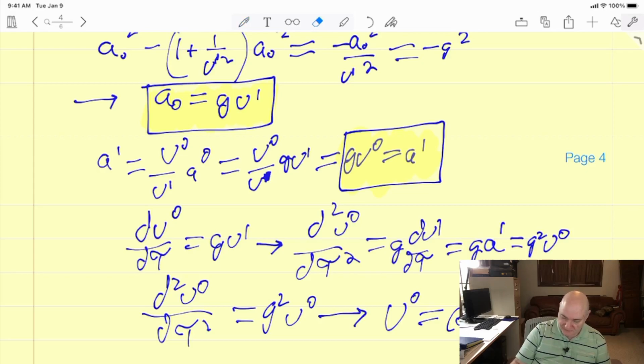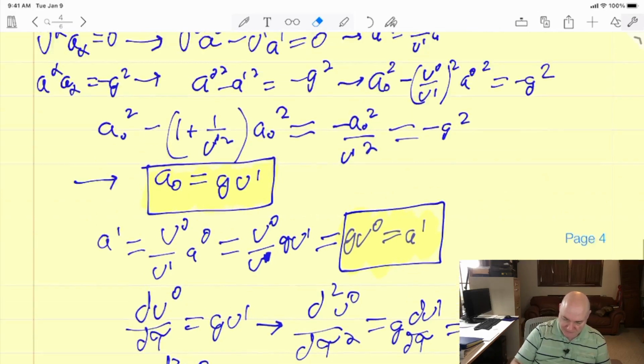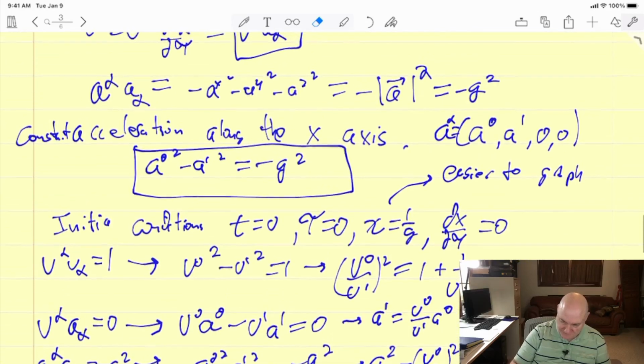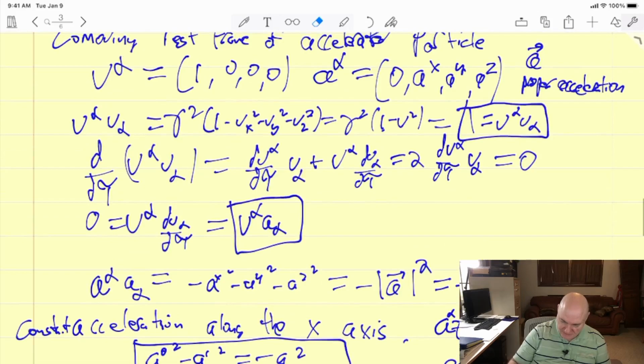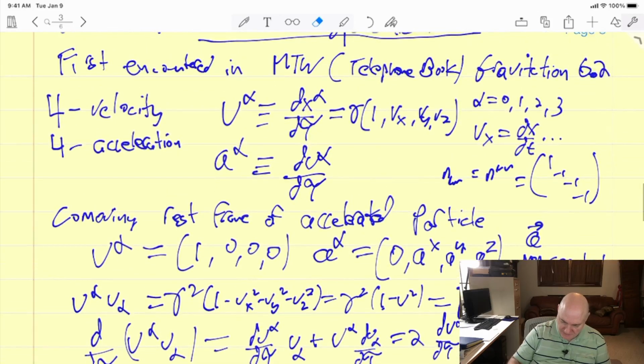When tau equals 0, this is 1, so u0 equals 1, which is correct. The 0 component of the four-velocity is 1, and the initial four-velocity is 1, 0, 0, 0.